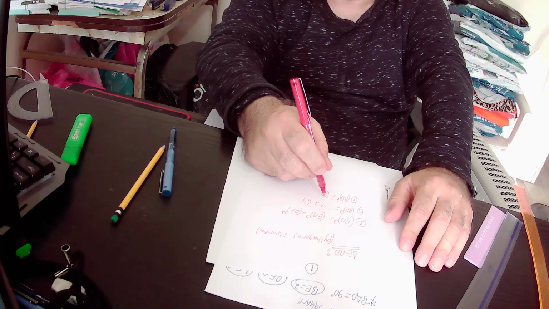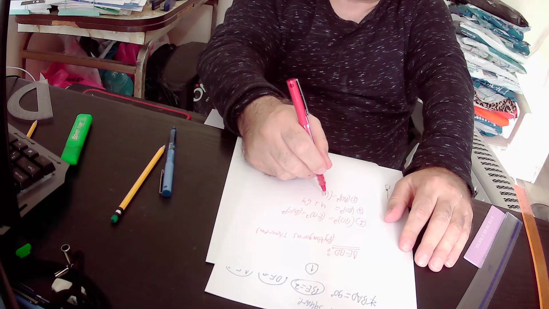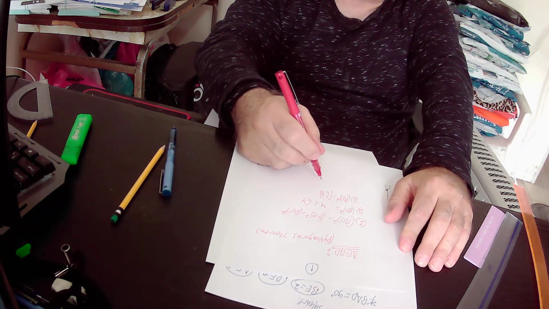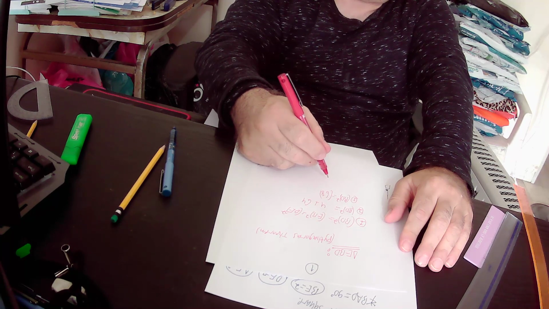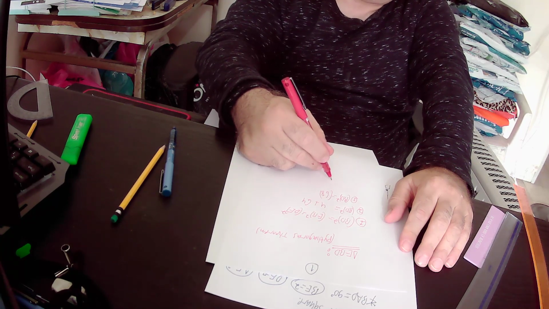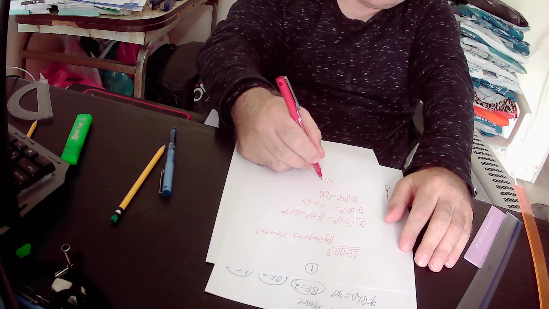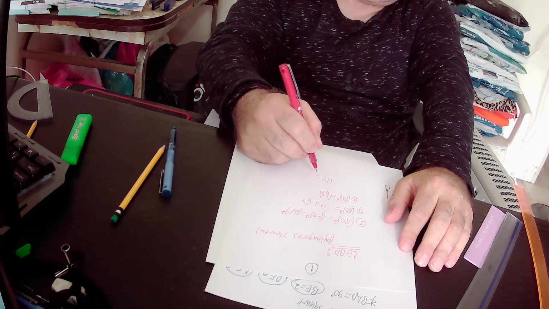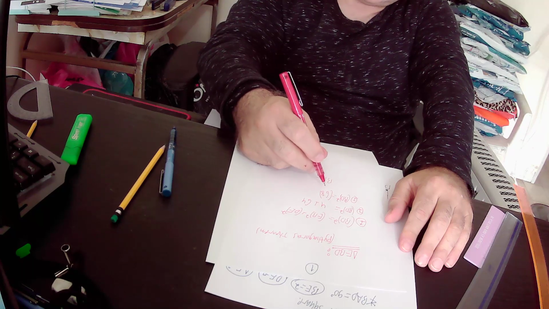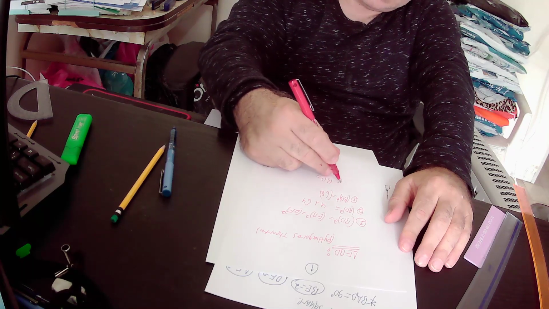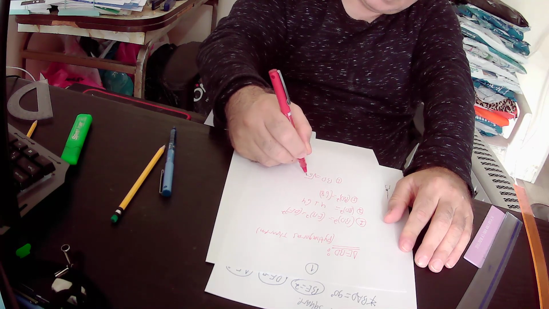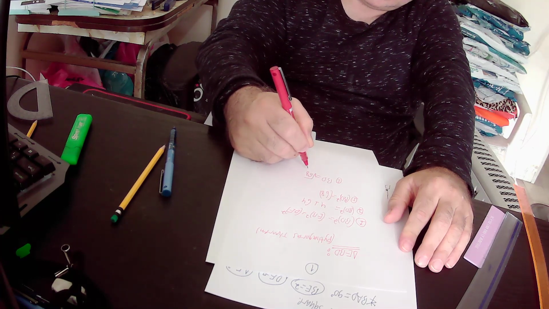We will take a root out of equation number 1, and we will get that BD equals the square root of 68.